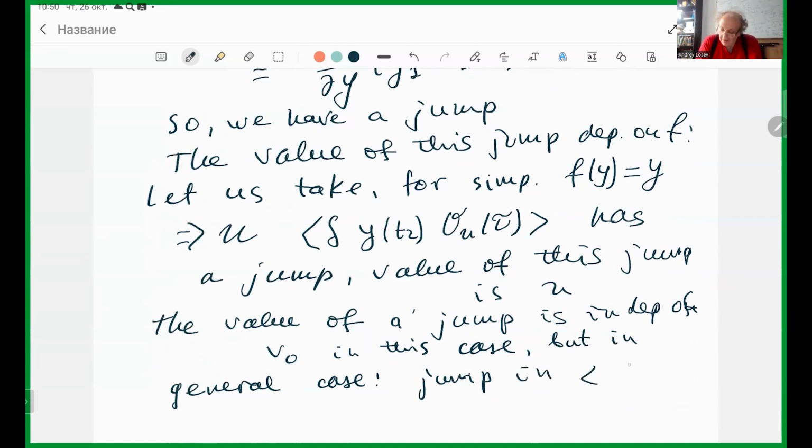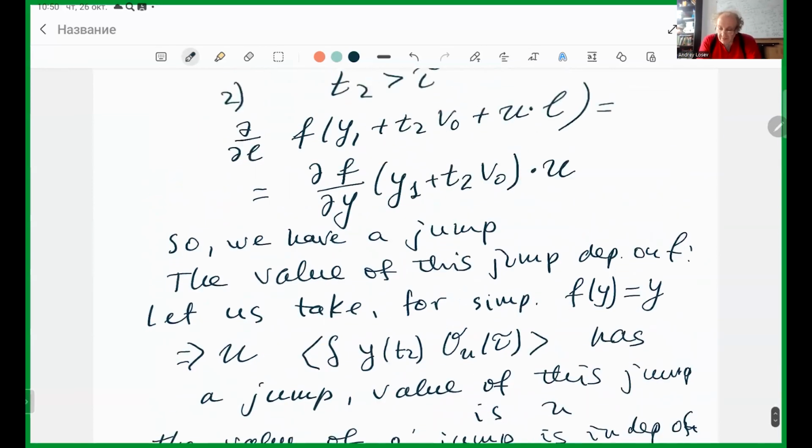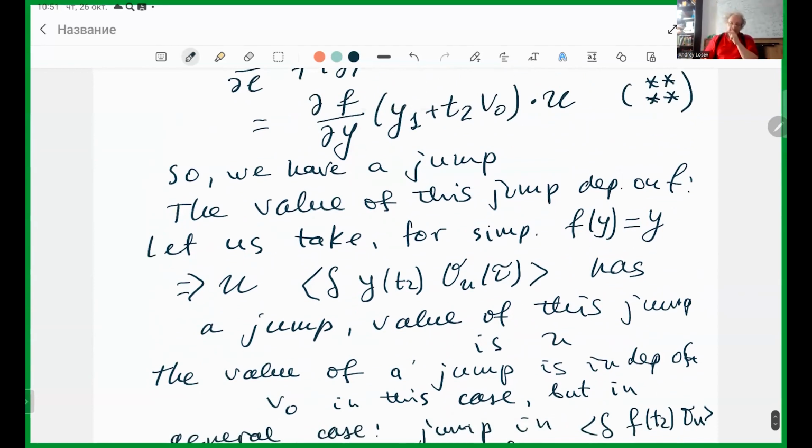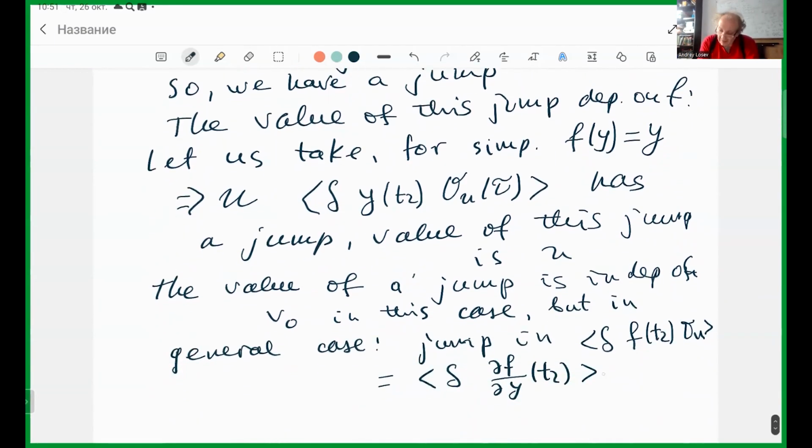The jump in the correlator delta F of t2 of U is, surprisingly, the correlator of df over dy at point t2, as we may see from the formula for star, times U.